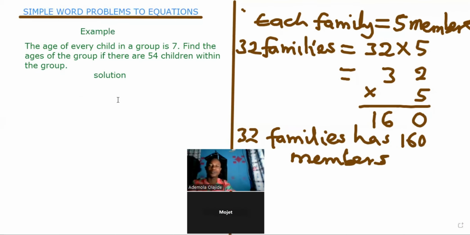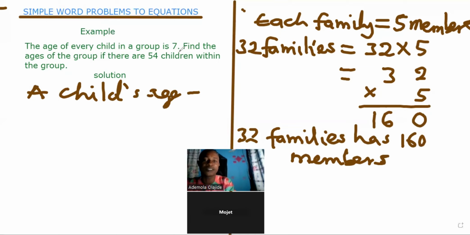Look at this one. It's a bit different. Okay, you can still apply the idea we had previously for solving it. So it's not different from what we have been doing. The age of every child is 7. That means a child goes for 7, the child's age equals to 7.